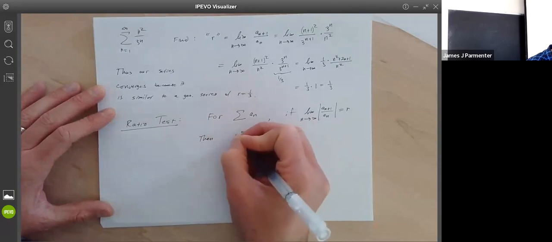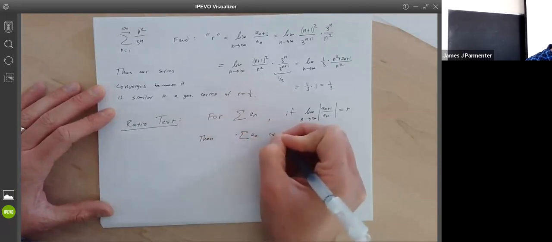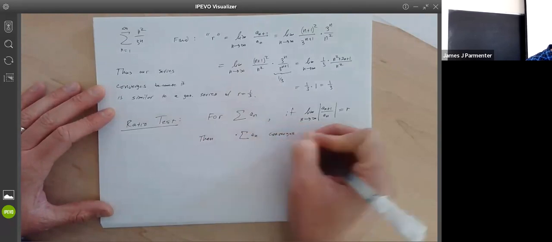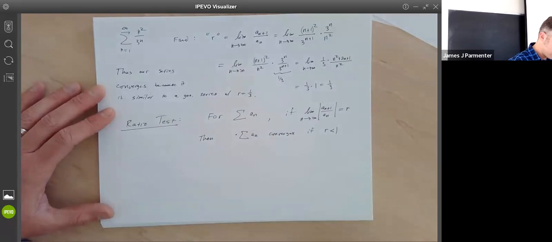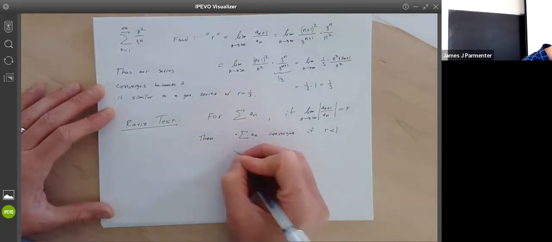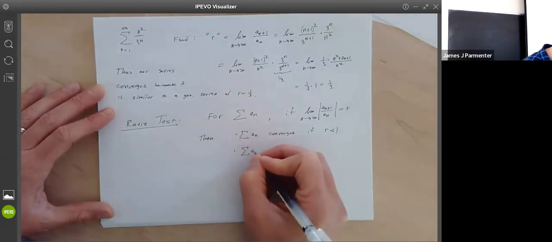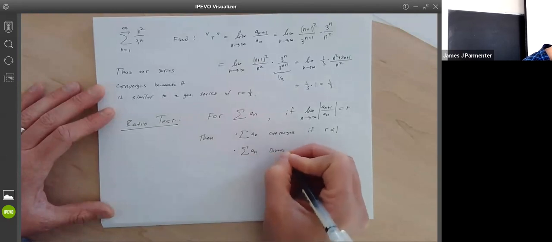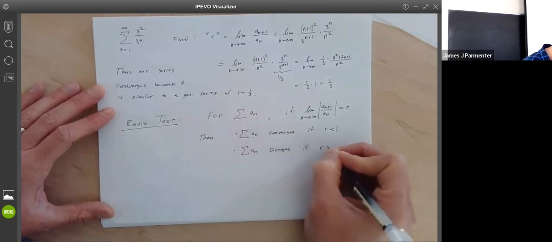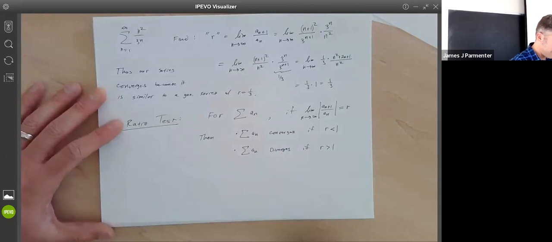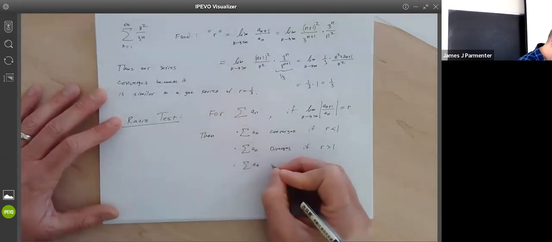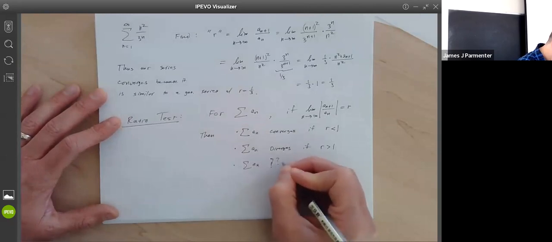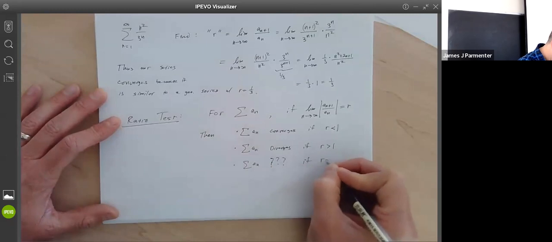Thing 1, the series converges if this ratio is strictly less than 1. The series diverges if this ratio is strictly greater than 1. And unfortunately, the test is inconclusive if r is equal to 1.